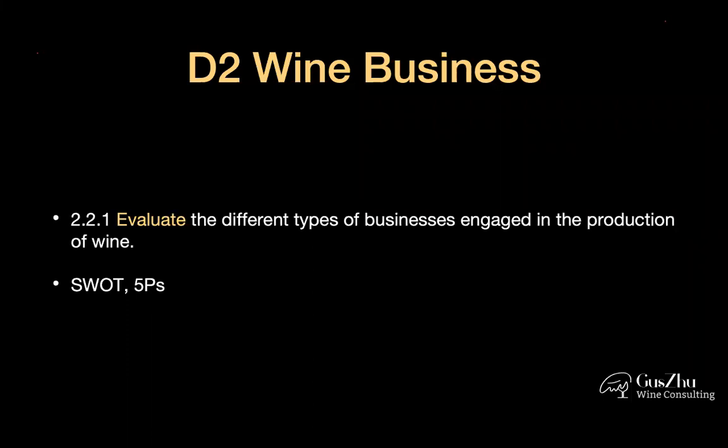And also for the marketing part, lots of times they want you to practice the 5 Ps: product, place, price, promotion, people. And you know what? In the exam, they will ask you questions by analyzing whether or not this candidate can do some SWOT analysis or the 5P discussions, these kinds of things. Okay, so that's for wine business as an example.